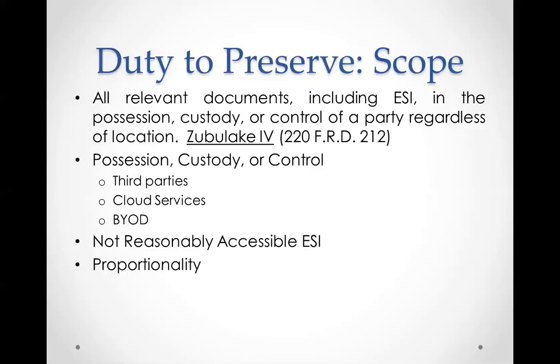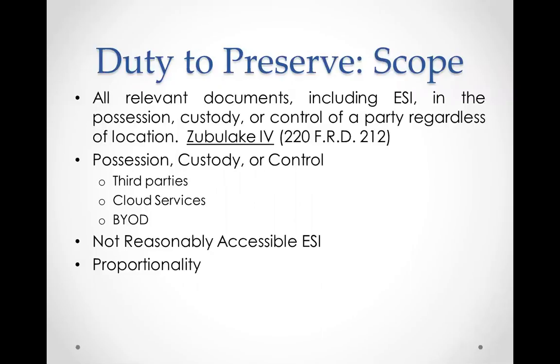Another question when it comes to the scope of the duty to preserve is not reasonably accessible ESI. What that means is that under the rules, the parties are required to produce information that's reasonably accessible, and essentially can take the position that certain information is not reasonably accessible and does not have to be produced in litigation.